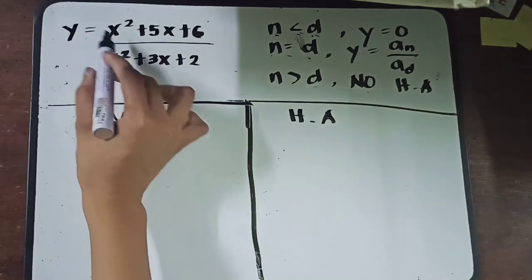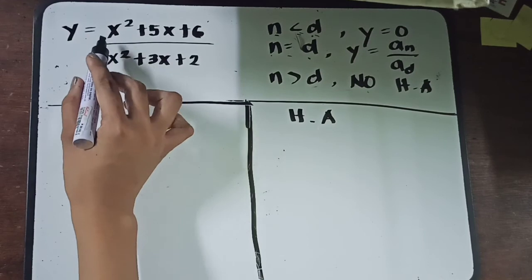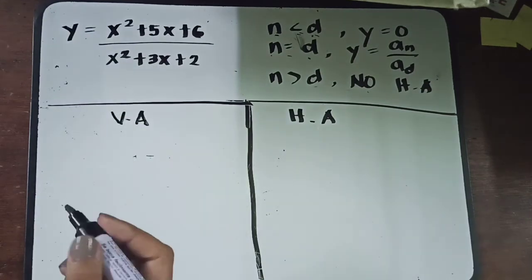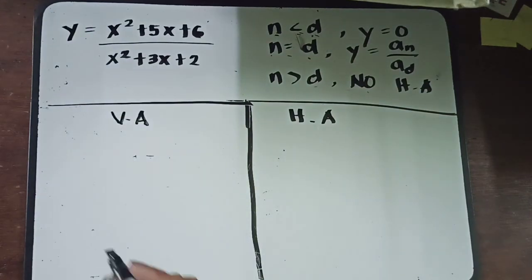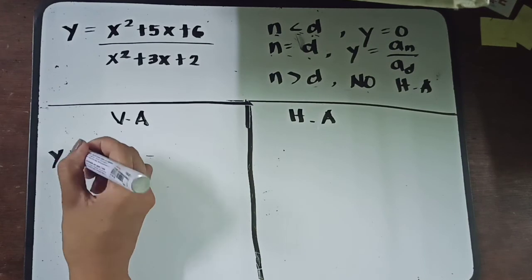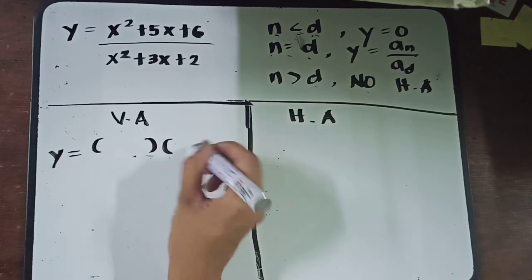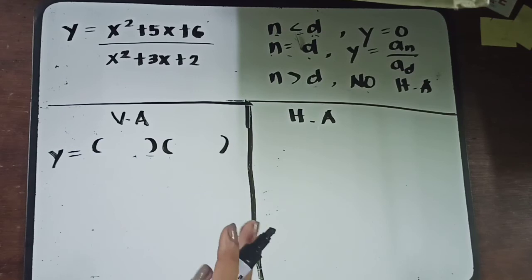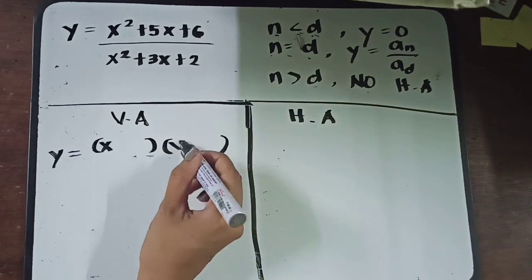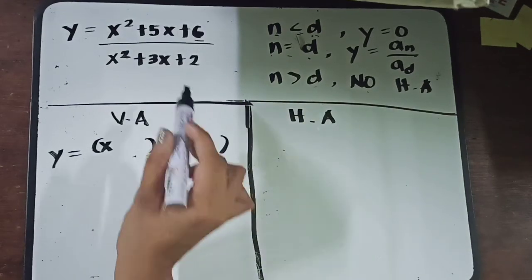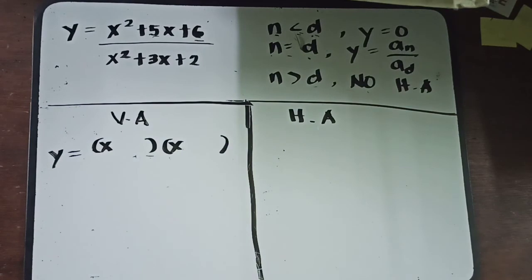Okay? So, the factors of this trinomial, in the numerator, which is x squared plus 5x plus 6. So, paano ba tayo nagpa-factor? So, maghanap or mag-isip ng dalawang number na kapag pinag-multiply, ang sagot is positive 6 at pag pinag-add, ang sagot is positive 5.